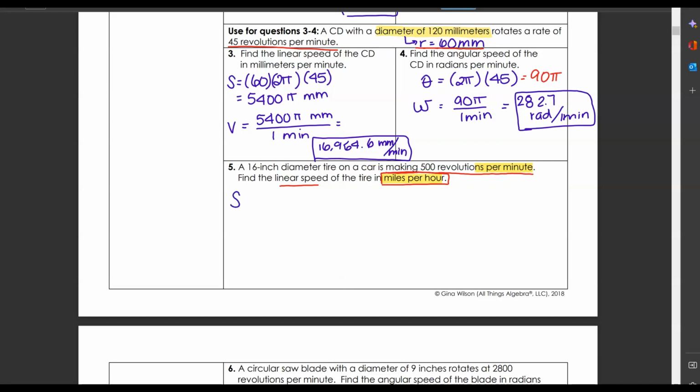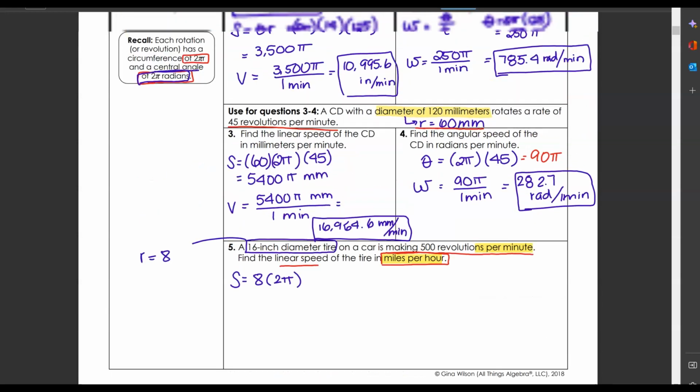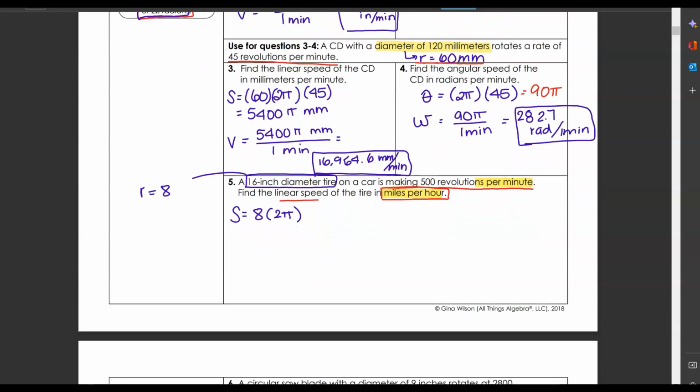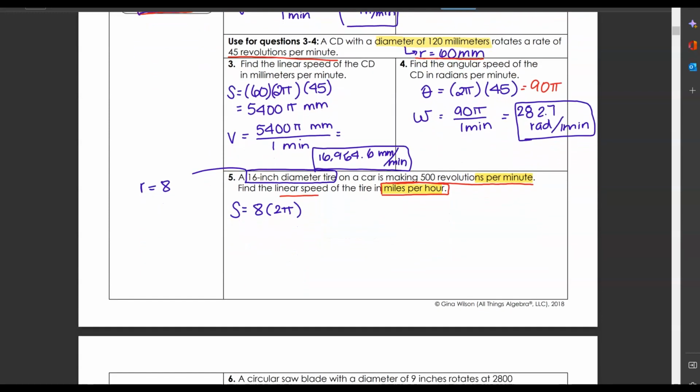So we're going to have our S, and because we have a 16-inch diameter tire, my radius is going to be 8. So I'm going to have 8 times that 2 pi, because each revolution is the circumference, 2 pi, and we're doing this 500 times, so it's going to be times 500.